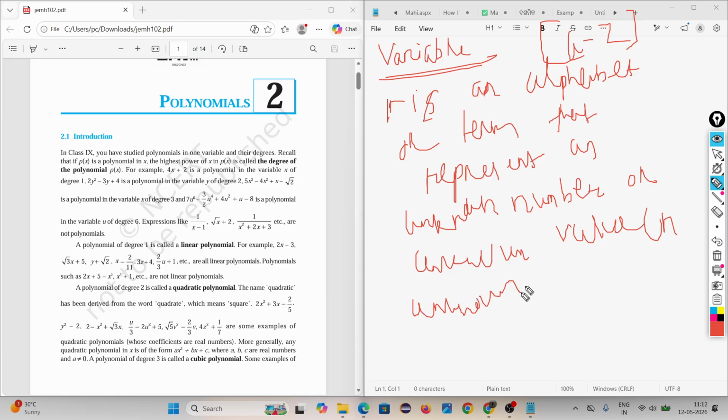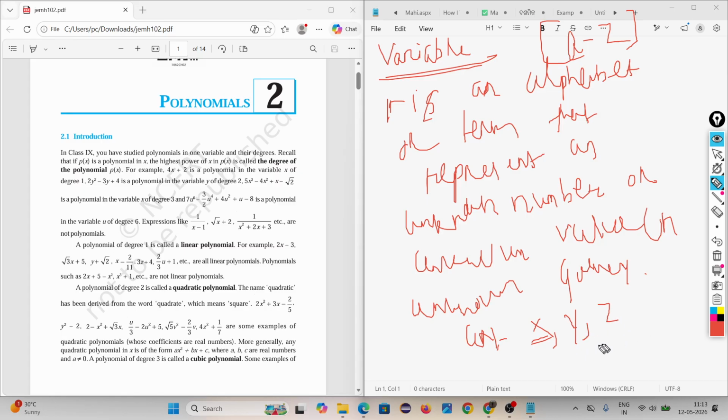Unknown quantity means when you don't know the value, the quantity, or the number, at that time you are taking x. This x is nothing but a variable, and we are taking variables from the English alphabet, that is A to Z. X is an example of a variable. Y is also an example of a variable. Z is also an example of a variable.